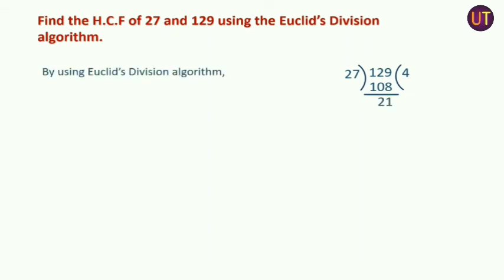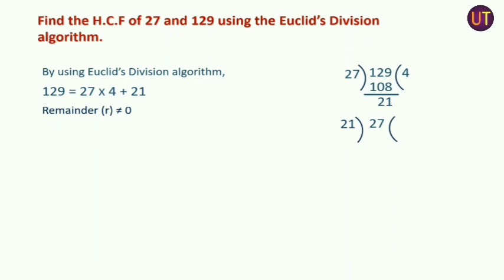Here we can write, using Euclid's division algorithm, 129 equals 27 multiplied by 4 plus 21. Here the remainder is not 0. So now the divisor will be your dividend and the remainder will be your divisor. Okay, got it?